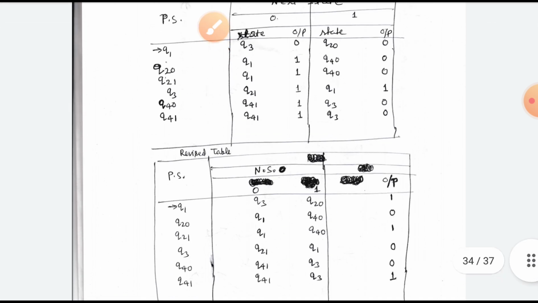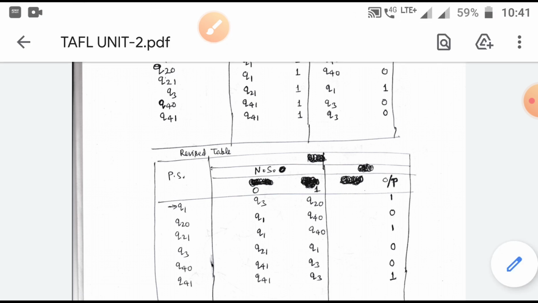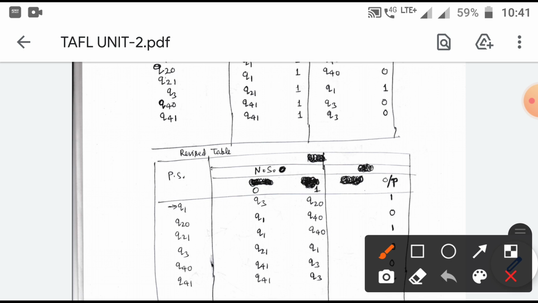After doing this, we will merge both rows into a single row, and these two columns will be retained as in the previous table. Here, how will we put the value of the output?